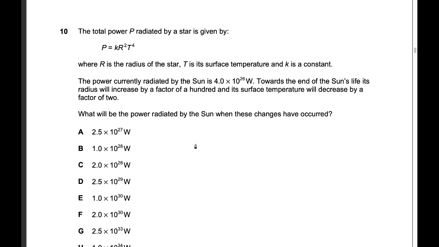So all we need here is that the power is proportional to the radius squared and the temperature in Kelvin to the power of 4. Okay, so if its surface temperature is halved, then that will be equivalent to a reduction by 1 over 2 to the power of 4.